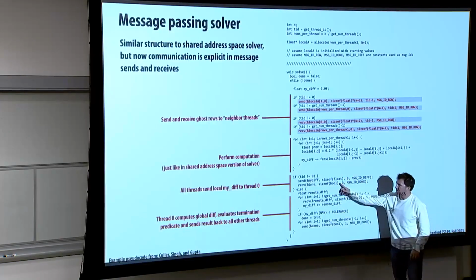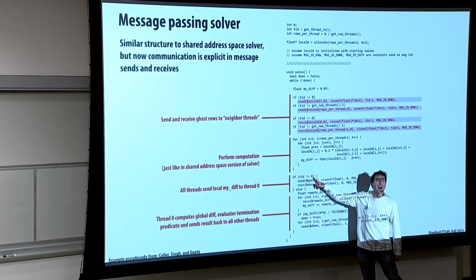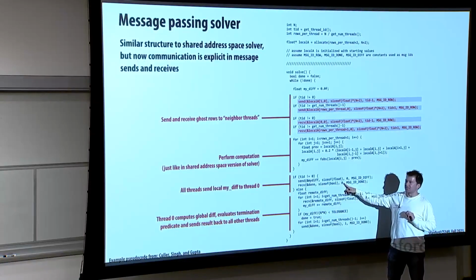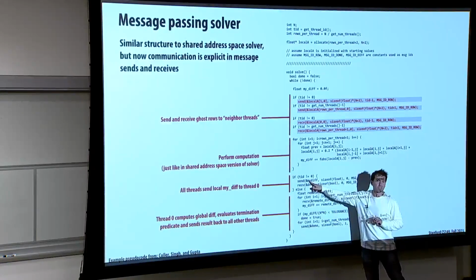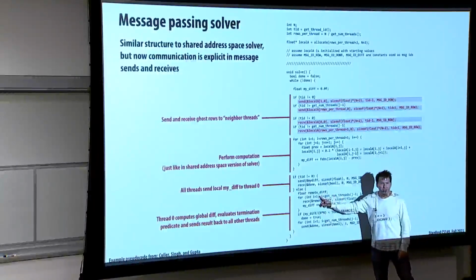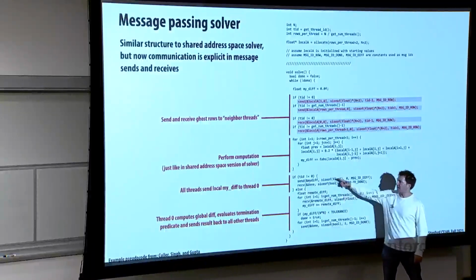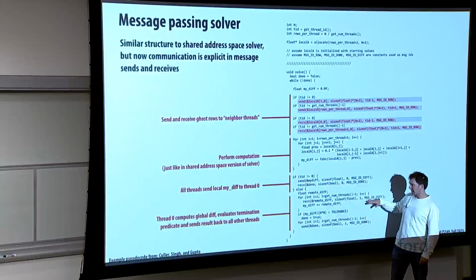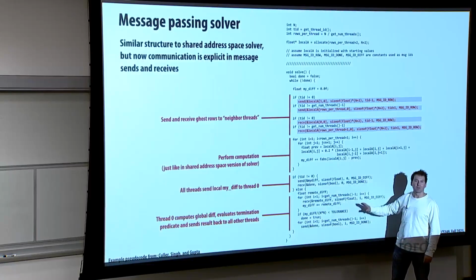Okay, so look at this. It says if thread ID is not thread 0, so every thread but thread 0 sends its local diff. If you're thread 0, you wait to receive that local diff from all other threads. You do a calculation to compute whether or not we are done.